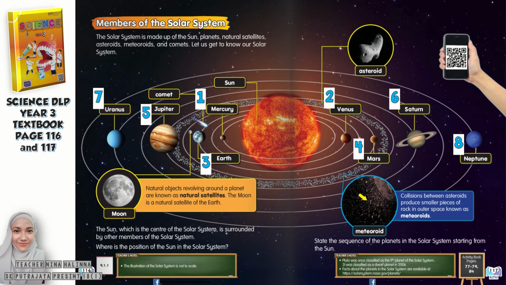Yay! I hope you get it all. You have got it. So remember, we really need to remember, and actually you need to memorize the names of the planets in sequence. That means you need to know that the first one is Mercury, and then Venus, and then Earth, and then Mars. So the fifth one is Jupiter, Saturn, Uranus, and Neptune.